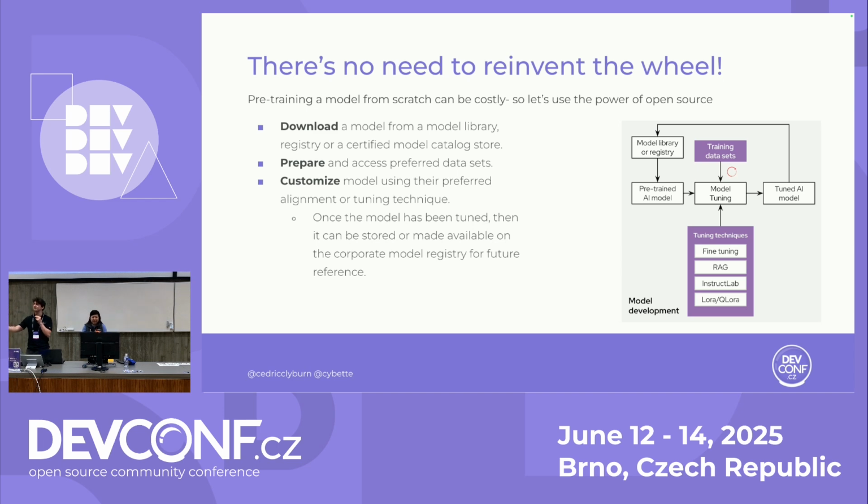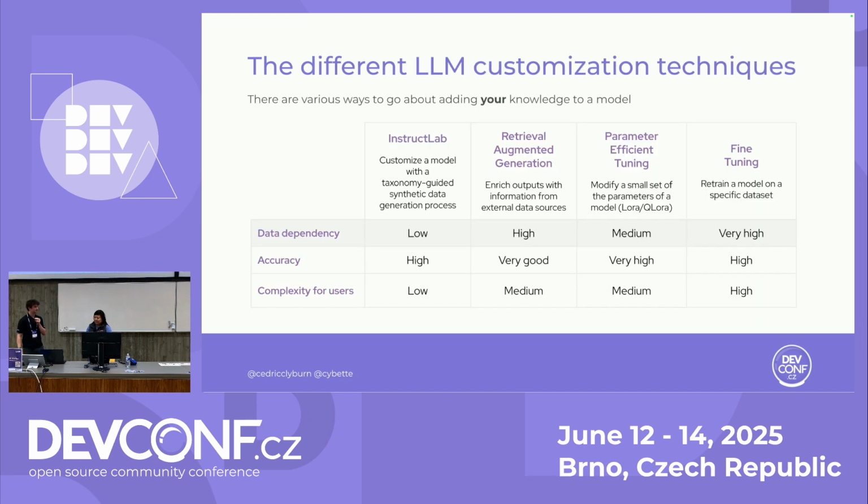But our data, maybe it's in PDFs, Jira, Confluence, wherever we're pulling our sources from, we need to convert that into a format that is ready for AI. And then we customize that model, and let's go ahead and see that. Yeah, and there's several different methods, and some of you probably have heard of a few of these.